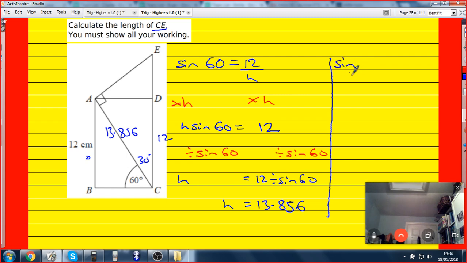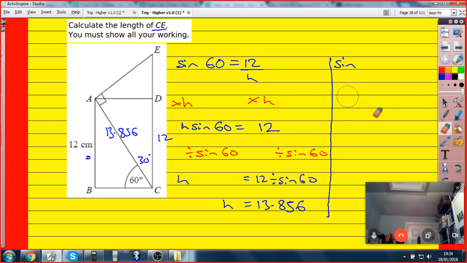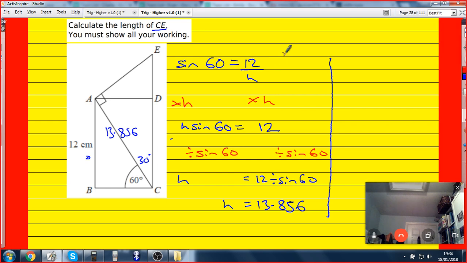So then you do sine 60. No, 30. Let's think about this. What are the sides? The sides are AC, EC, and AE. And we're trying to find CE.